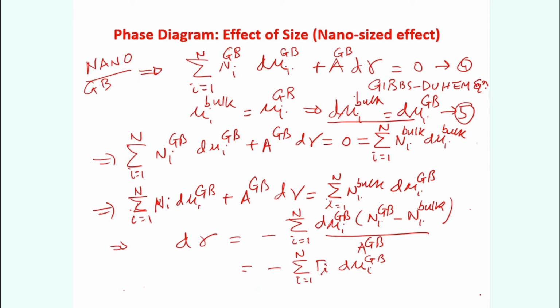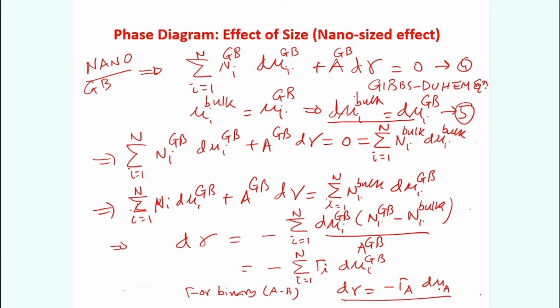You understand that. So for a binary system, binary means A B, d gamma is very easy, right? This is what we can write.